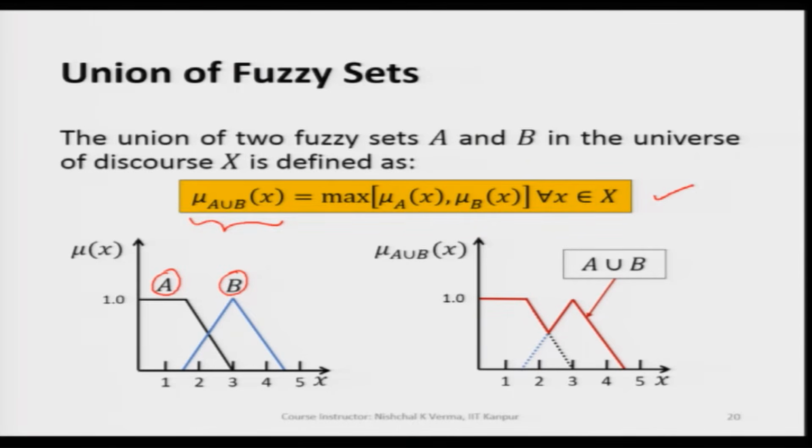If we do that, we get this as A union B, the union of these two fuzzy sets A and B. The maximum values, if we plot, are shown by the red line, and this is going to be the union of the two fuzzy sets A and B.